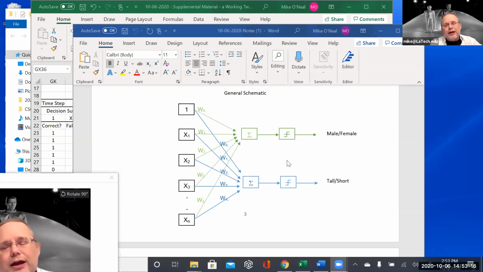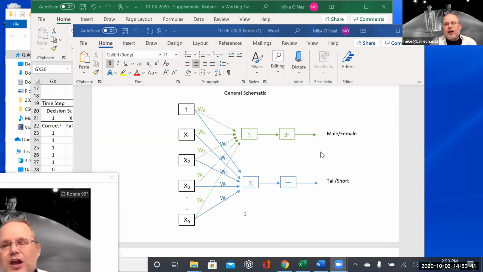Well, you could imagine a single layer multi-perceptron network that might be able to do things like determine short males and tall males and short females and tall females. So 4 categorizations, right?